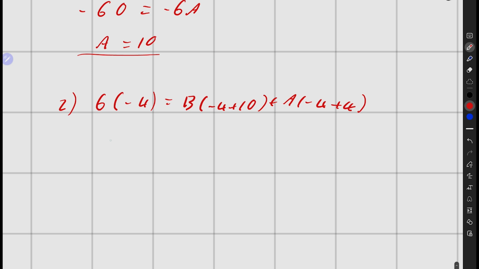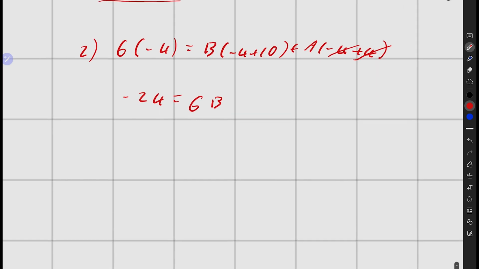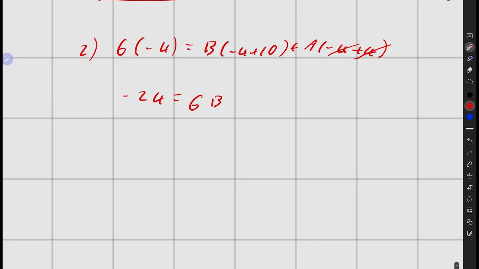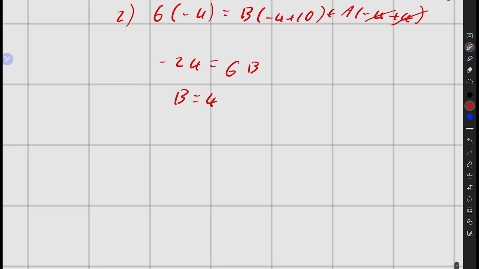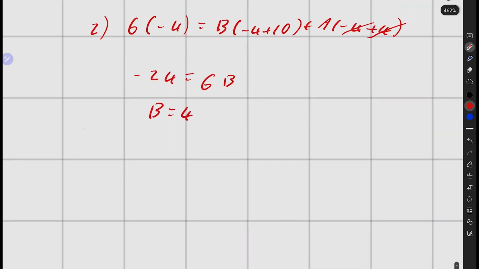And let's solve this. We're going to have 6 times minus 4, minus 24, equals minus 4 plus 10, so that's going to be 6b, and a, as you can see, is going to go to 0. Solving for b, divide by 6 on both sides. b is going to be equal to 4. And we solved for a, it's going to be equal to 10.